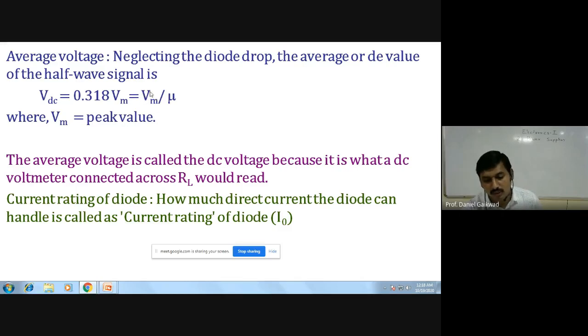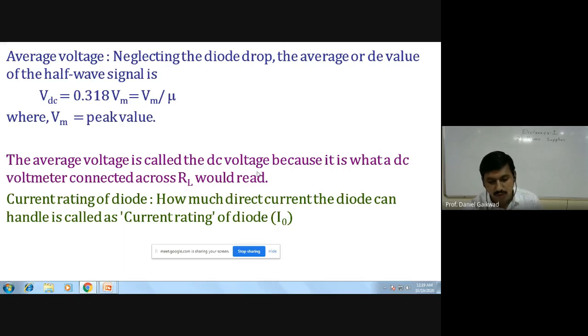Vm is the peak value of the AC and pi is 3.14. If we divide by 3.14, we obtain the factor 0.318 times Vm. This is called the average value of DC from the half cycle of AC. The average voltage is called the DC voltage because it is what a DC voltmeter connected across RL would read.